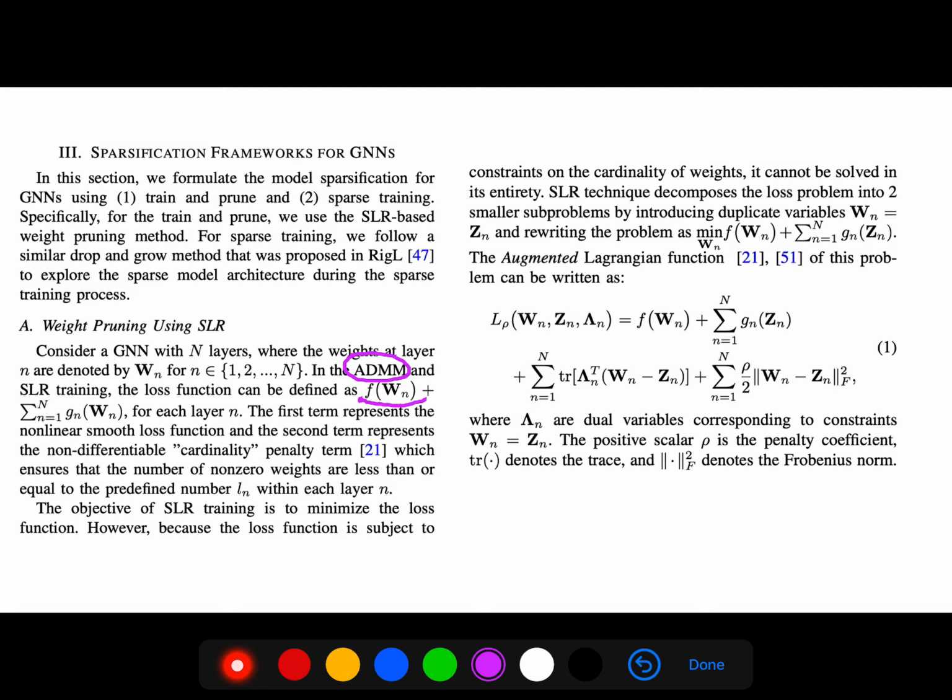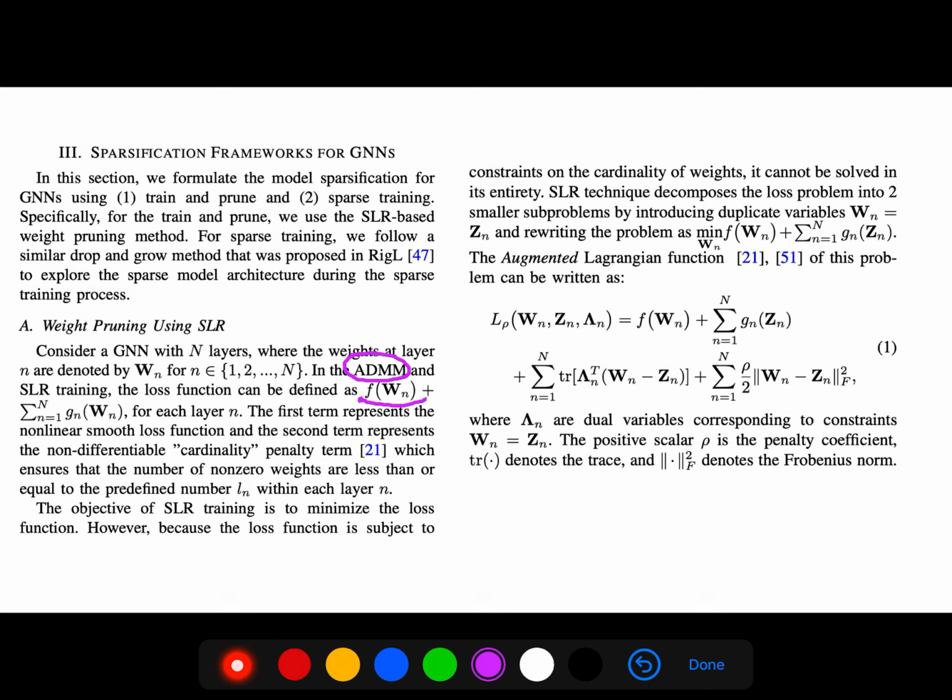So let's carry on. In the ADMM, the loss can be defined like this for each layer. The first term represents a nonlinear smooth function, and the second term represents a non-differentiable cardinality penalty term, which ensures the number of non-zero weights is less than or equal to the predefined number within each layer.